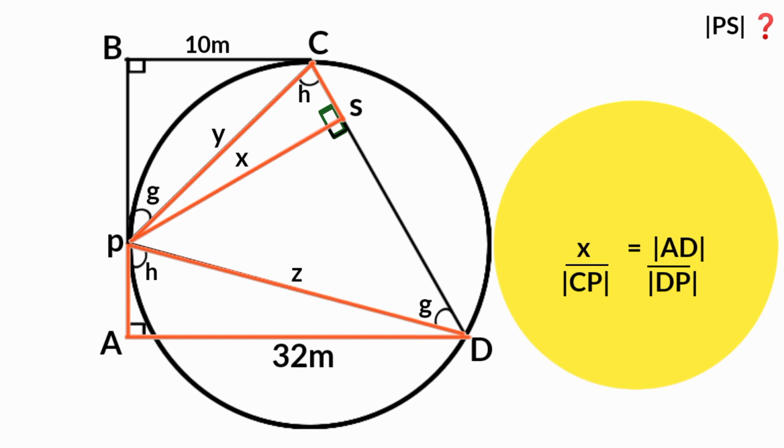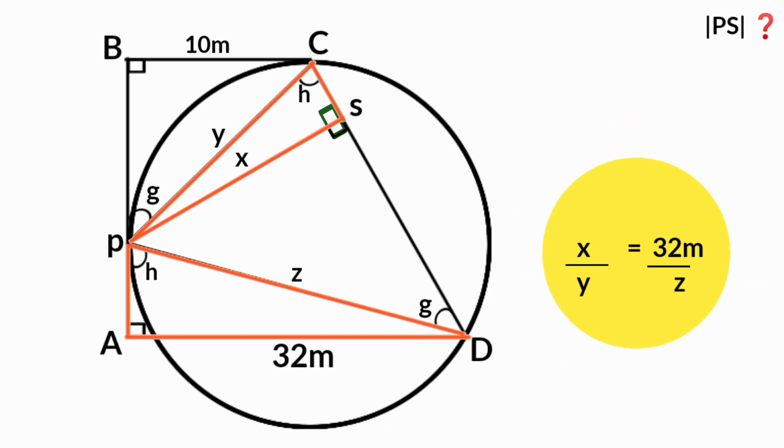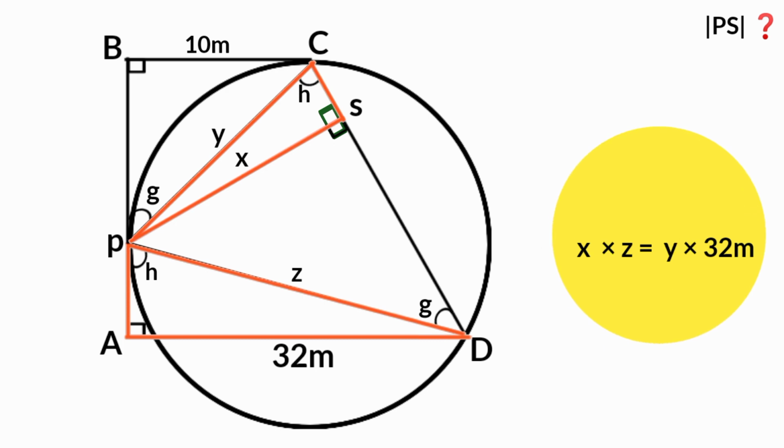But line PS is X, line CP is Y, line AD is 32 meters, and line DP is Z. So X over Y equal to 32 meters over Z. We cross multiply. Now X times Z equal to Y times 32 meters. X times Z is XZ, and Y times 32 meters is 32 meters open bracket Y.